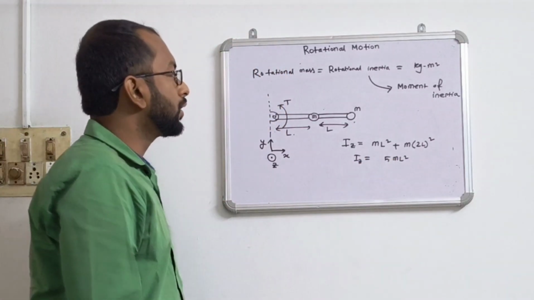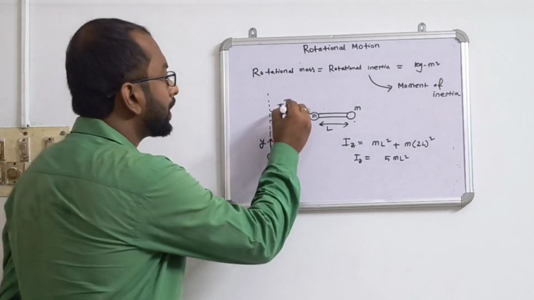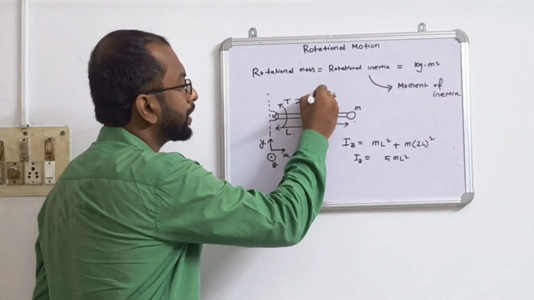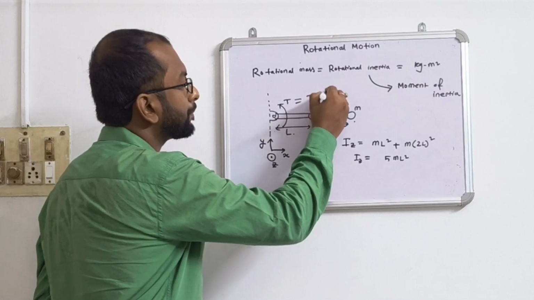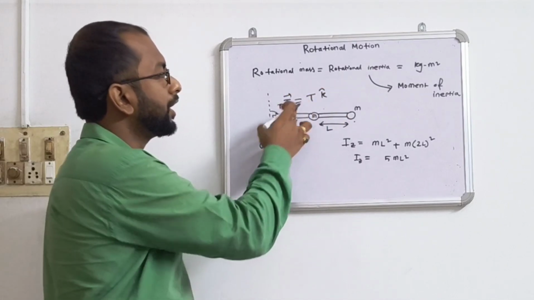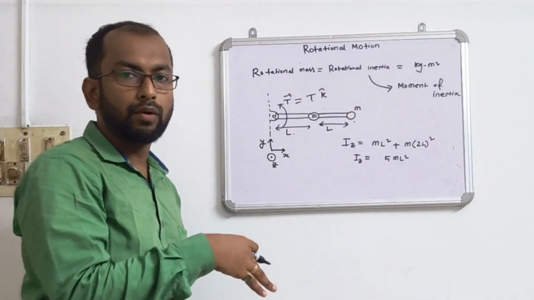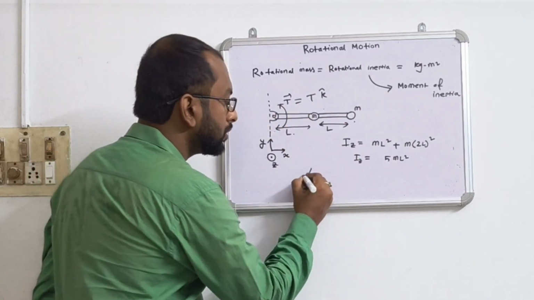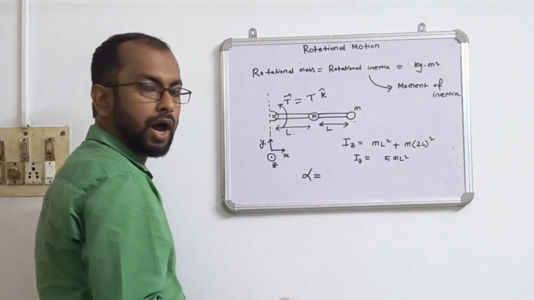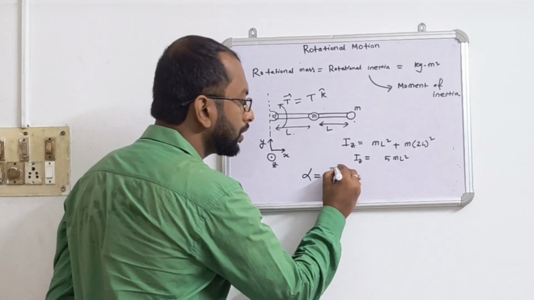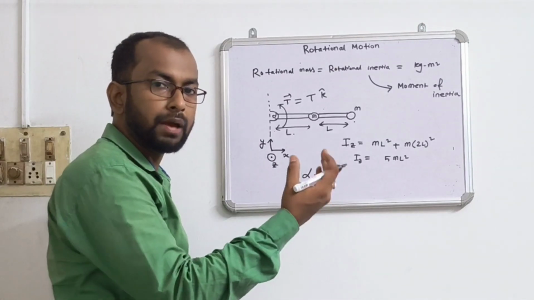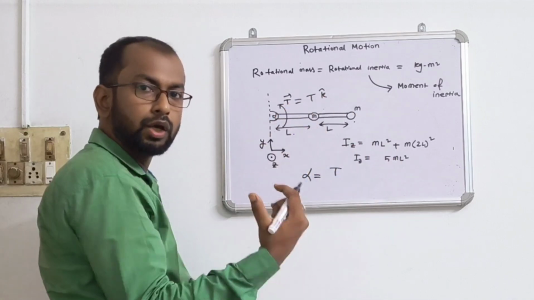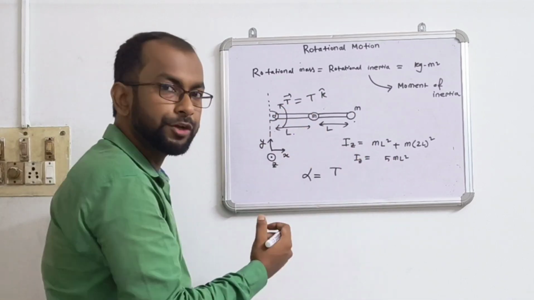Now if I tell that, okay, I am applying T amount of torque in this direction. So T is basically, I am writing T into k cap. Because it is a vector quantity, I can write T into k cap. What is the amount of angular acceleration this system will get? So very simple, alpha will be, just like we divide force by mass in the case of linear motion, we will just divide the torque by the rotational mass, that is the moment of inertia.